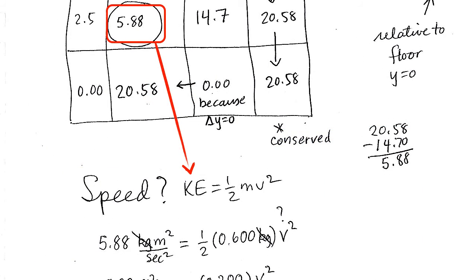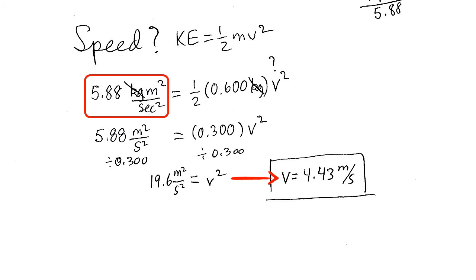Here's our kinetic energy, 5.88. Just put that into the formula, the definition of kinetic energy. KE equals 1/2 mv squared. And then just put in the other things that you know. For instance, you know that the mass is 0.600 kilograms.